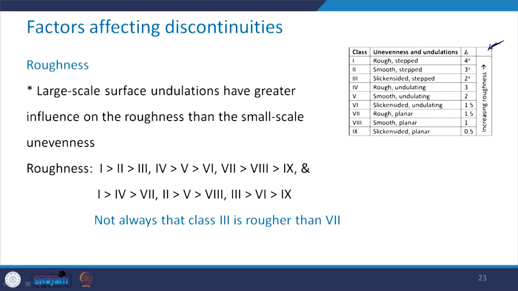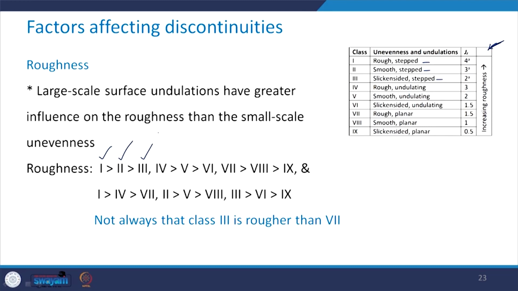Now, the large scale surface undulations have greater influence on the roughness as compared to the small scale unevenness. Take a look at this table. If you take the same level of large scale roughness, that means stepped, stepped and stepped, then you will realize that class 1 is rougher than class 2, which is rougher than class 3.